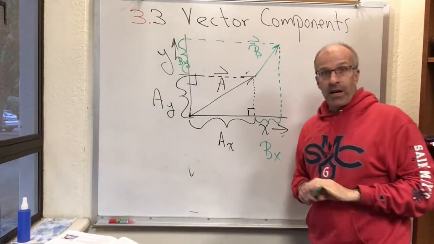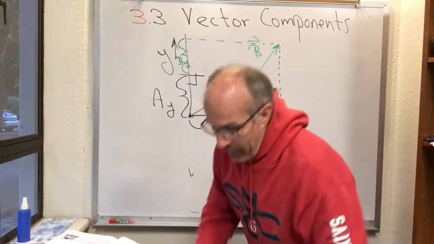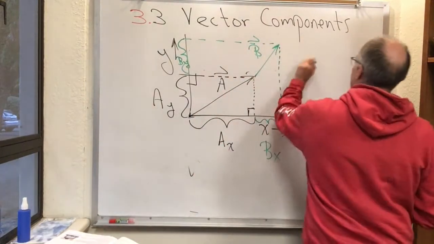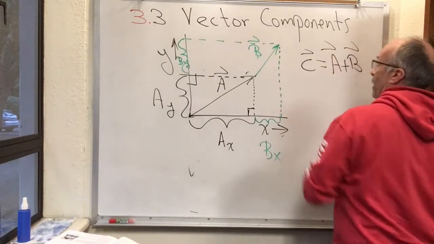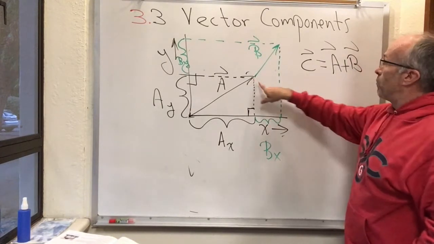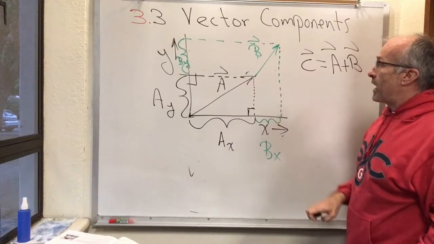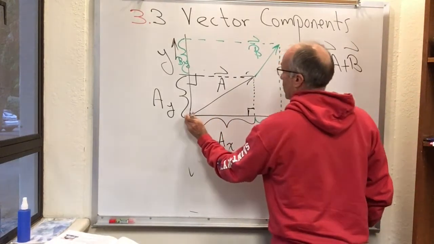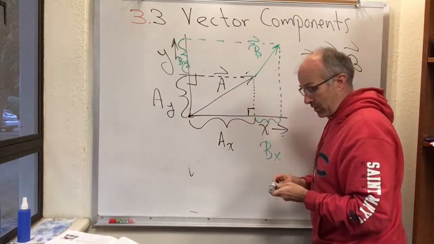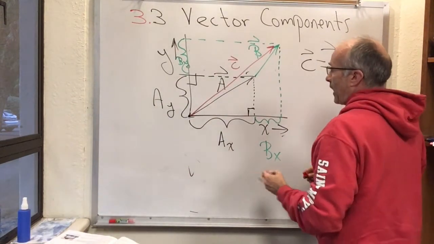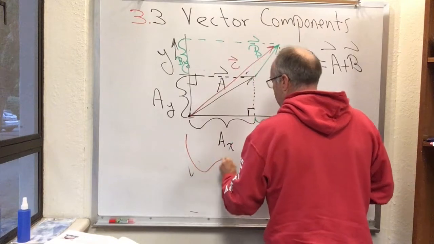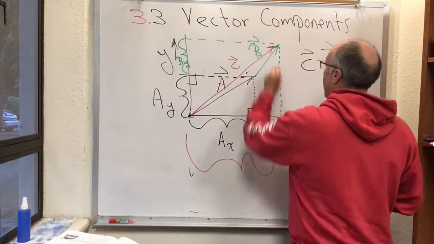Okay, so here's something kind of cool. Remember that if I define the vector C, which is equal to A plus B, notice how I've lined these up here. The tail of B is already sitting on the head of A. So in this diagram, I can very easily construct C. And notice the shadow of C is this whole thing right here.